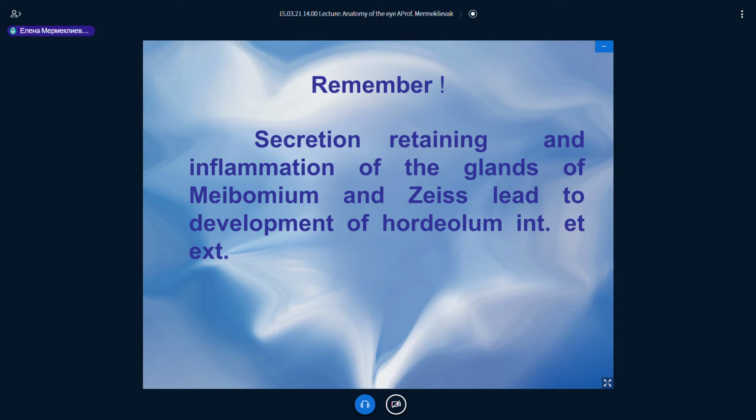Important is that the secretion retention and inflammation of the meibomian and Zeis glands lead to the development of hordeolum internum and externum.